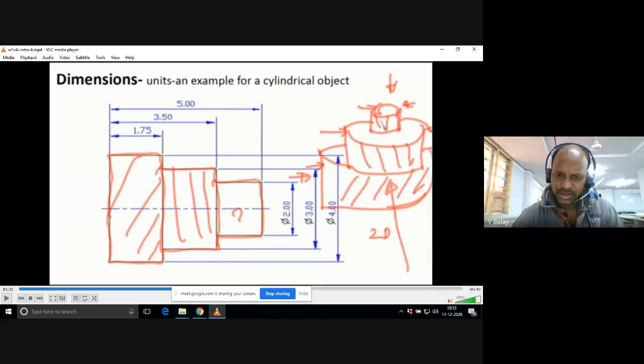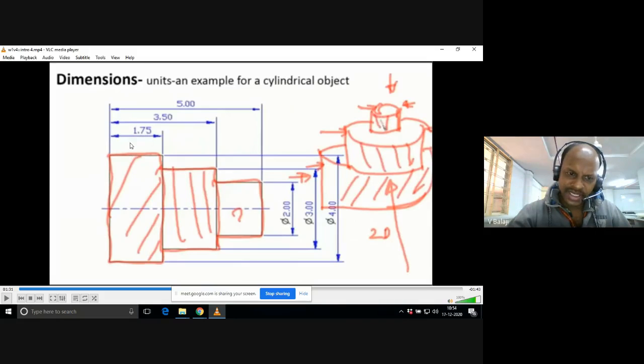Okay. So anyway, while putting this dimension line, maintain at least 1 centimeter gap from the diagram. From the drawing, from the main object, you have to maintain at least 1 centimeter gap. Okay, and similarly, while drawing one more horizontal dimension line, from the first dimension line, you have to keep at least 8 or 9 mm gap.